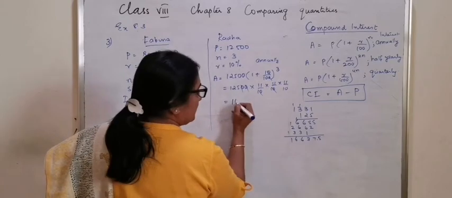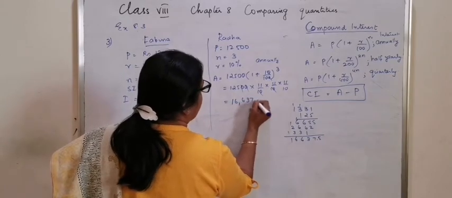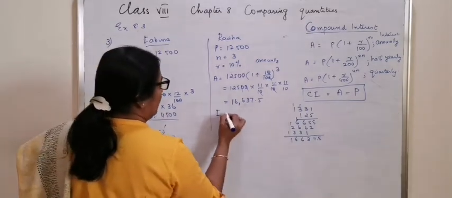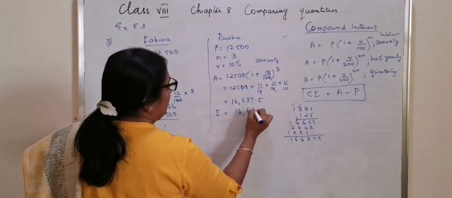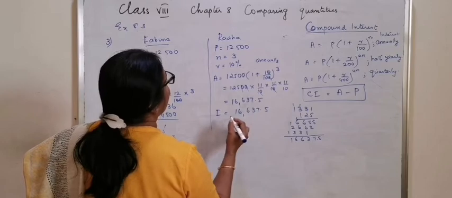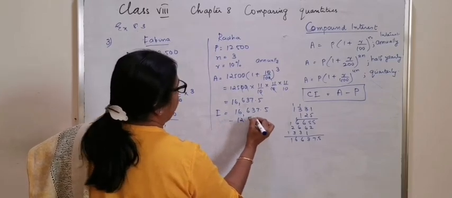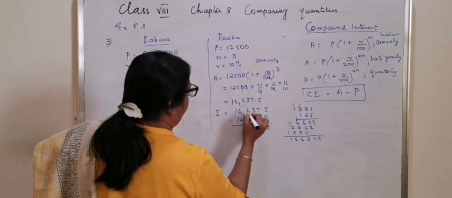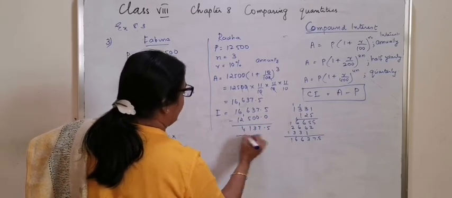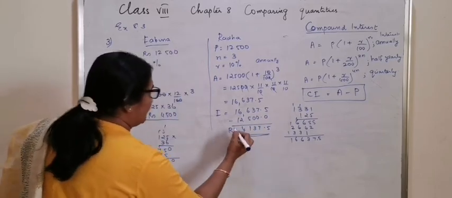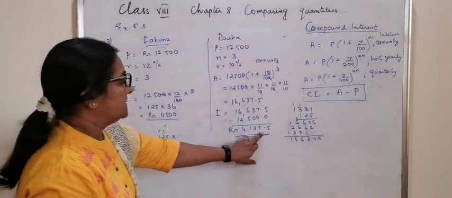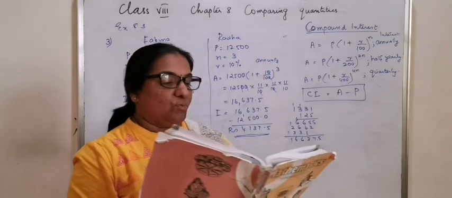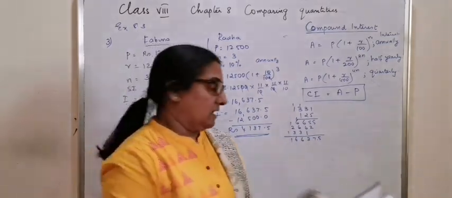That means 16,637.5 is the amount, or interest is equal to 16,637.5 minus 12,500. That is rupees 4,137.5. The question is, who pays more interest and by how much?